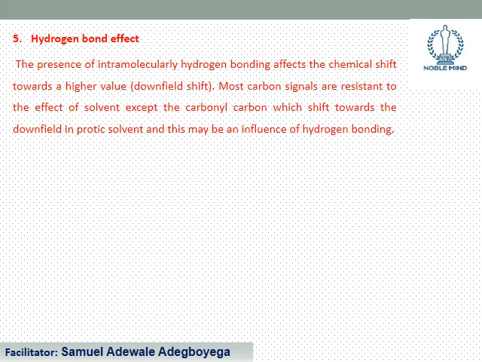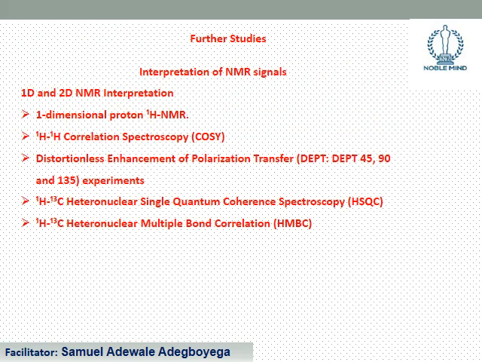We have the shielding effect and de-shielding, so you will truly understand the influence of electronegative atoms on a particular compound. They may have a strong influence on the values of chemical shift.